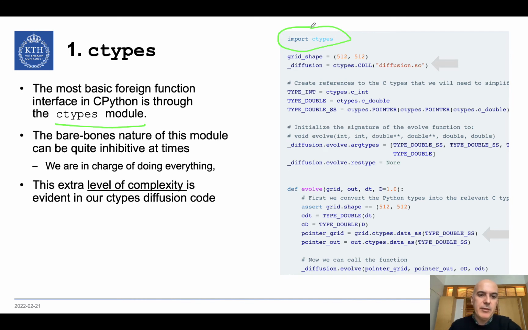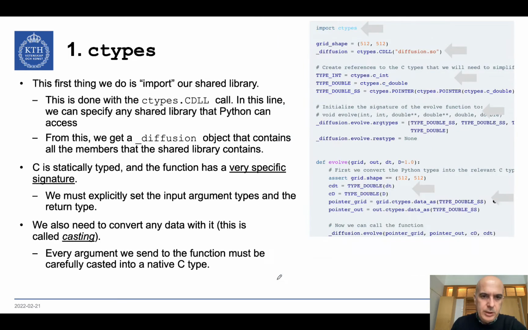This extra level of complexity is evident in this code that is just showing how we can call the function within the library that we just compiled. So let's look at it in more detail. We do the import ctypes, we define the grid shape, and then the very first step using ctypes is to import our library.